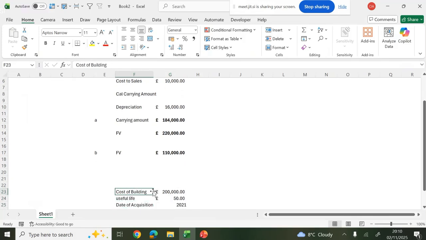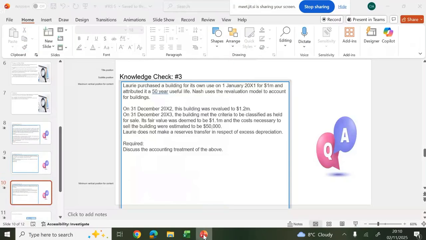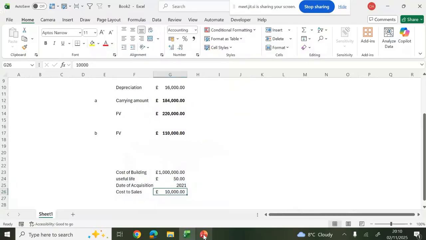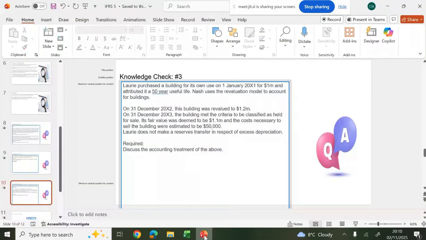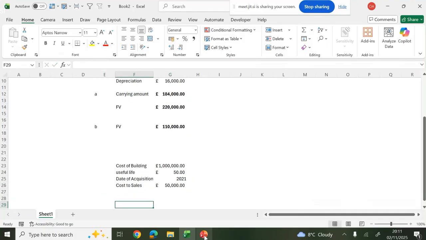Cost is 1 million. Useful life is 50 years. Date of acquisition was 2021, if I'm correct. Cost to sell is 50,000. So the first thing we really wanted to do is to calculate the depreciation of these assets. Any other information?